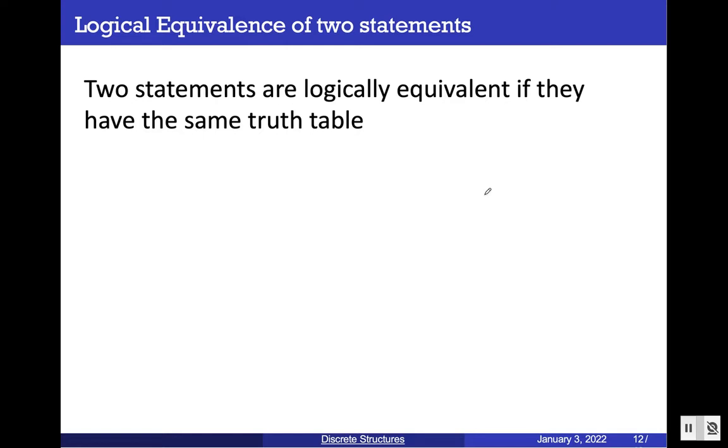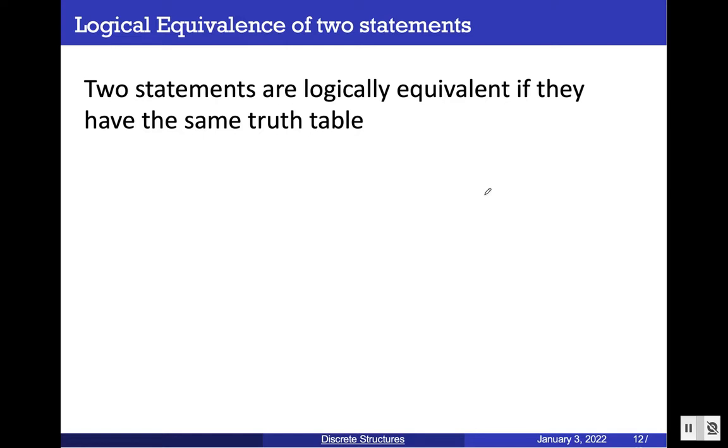So the thing I'm trying to say is that one statement could be very long, but there could be a simpler form of a compound long statement. Two different statements are known as logically equivalent if they have the same truth value. No matter what the format of your statement is, at the end each statement will be evaluated to either true or false.